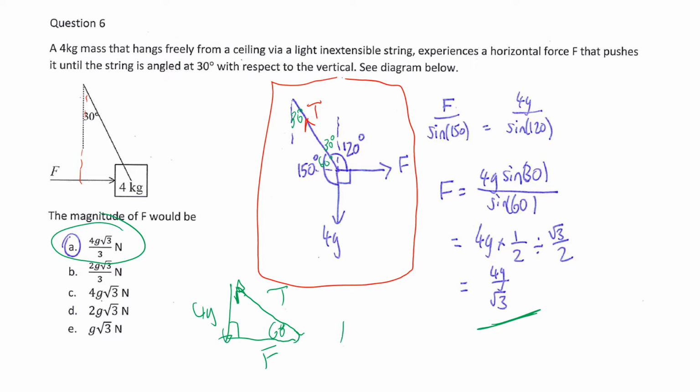So tan of 60, which is root 3, is equal to F over 4G, and in fact, dividing through by root 3, multiplying by F gives us exactly the same answers we've had above. So that would also be an equally nice way to go about it.